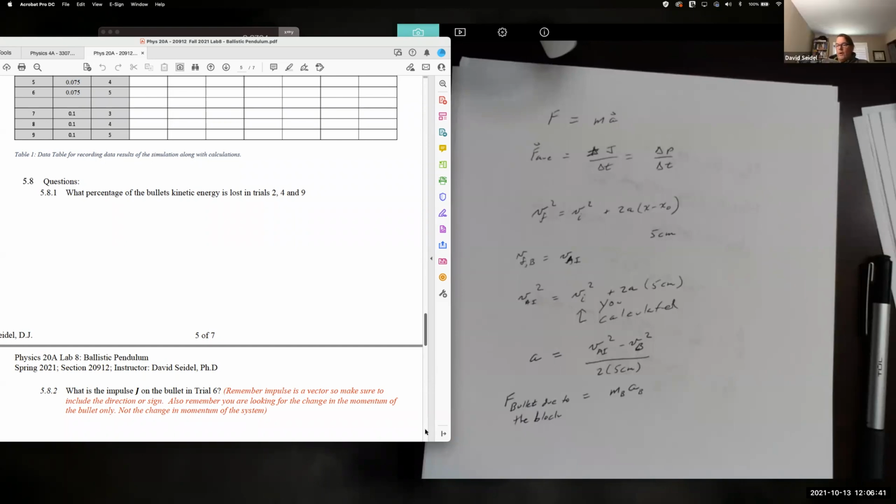So the force on object A exerted by object B is equal in magnitude and opposite in direction to the force on object B exerted by object A. So F_AB equals minus F_BA.